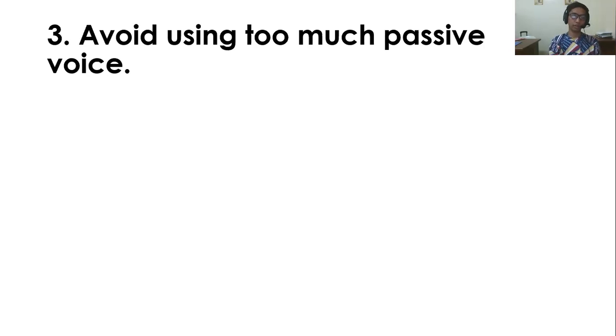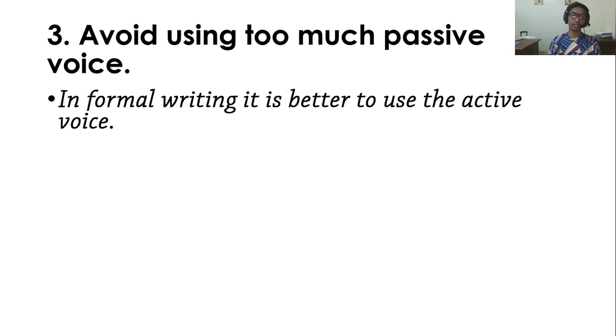And for number 3, we should avoid using too much passive voice. In formal writing, it is better to use the active voice. Okay, let's take a look at examples so that we can differentiate what's passive and what's active voice.